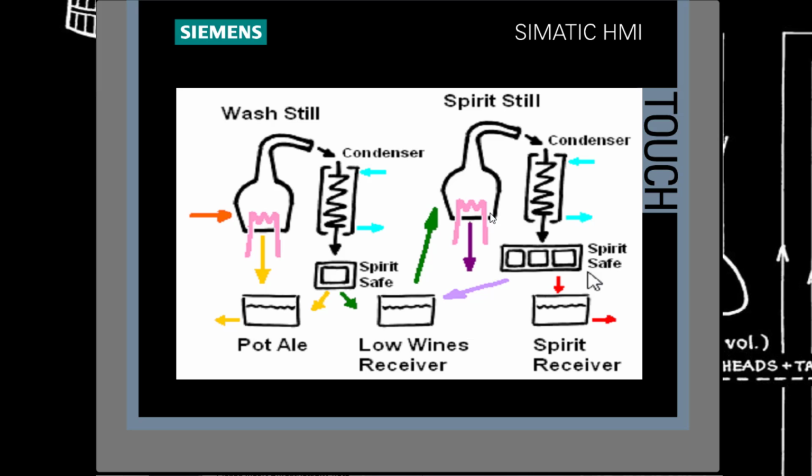The product left in the bottom is mostly water based, and it's really not used for anything else, a bit unlike the pot ale. So we have a range here that we have to work with on the spirit still. We have to measure probably as high as 90% ABV all the way down to 2%.